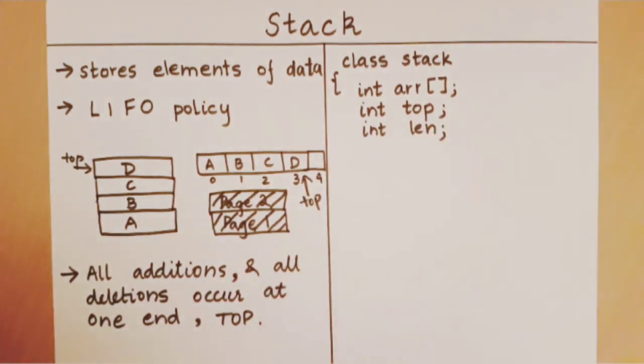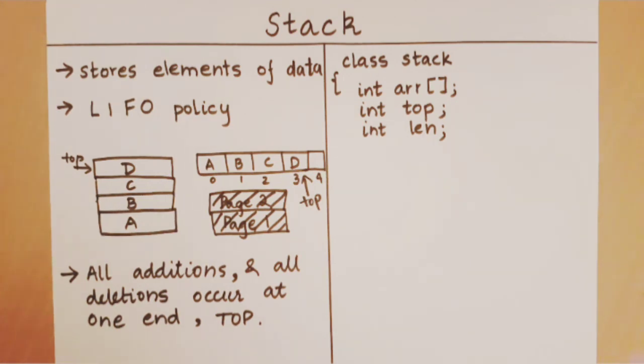So len is going to store the maximum length of the stack. Once again, this is not necessary. You can always get the length of the array by doing arr.length, but this is just to make a few things easier for us throughout the implementation. These are all the data members or the variables you will need in your stack object.